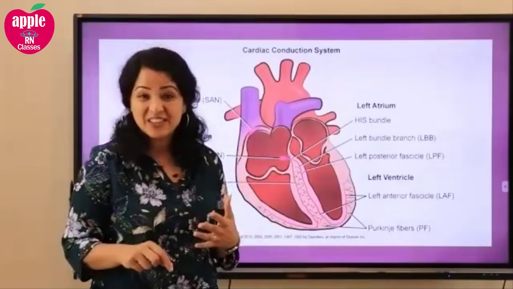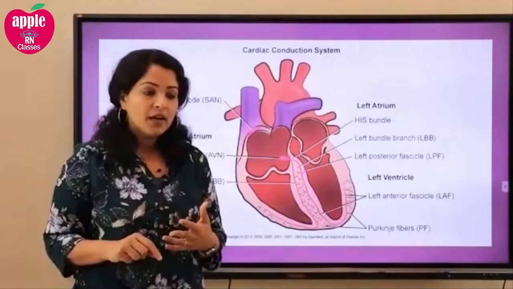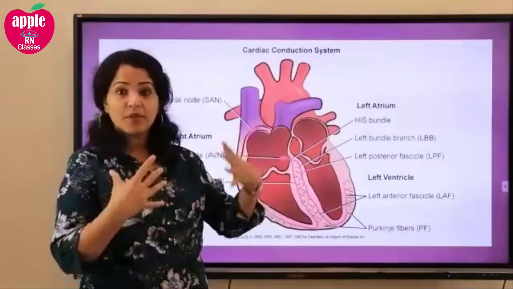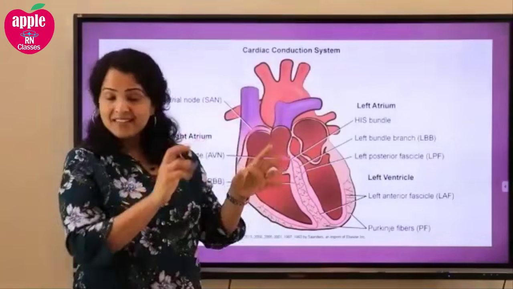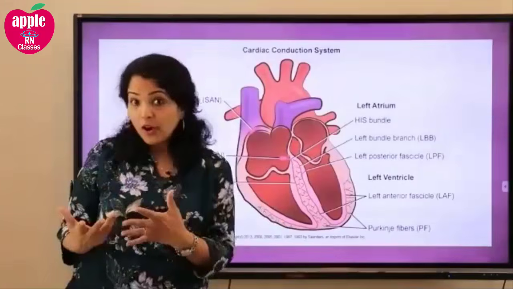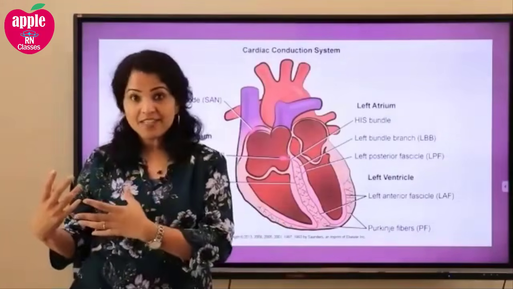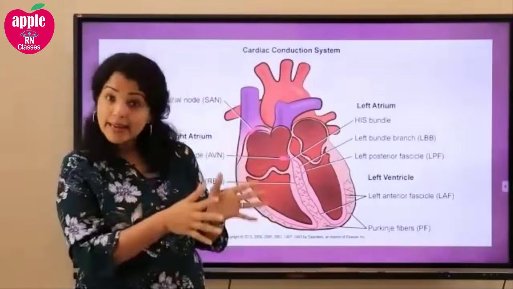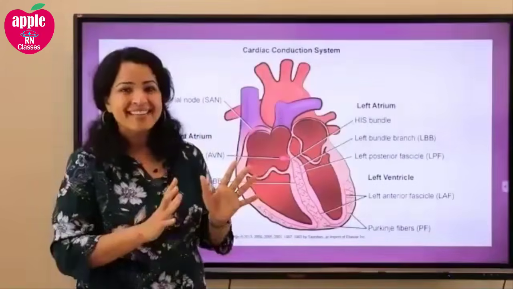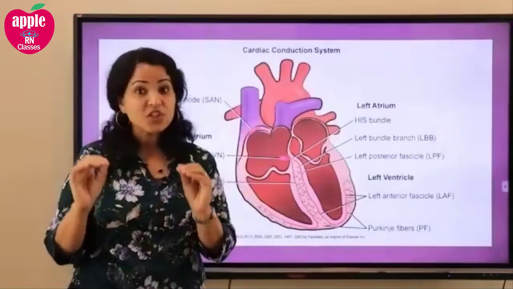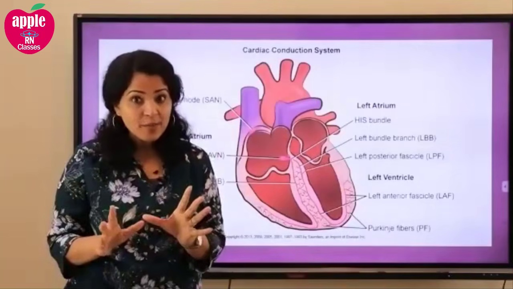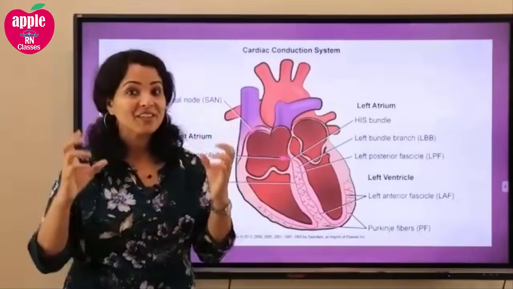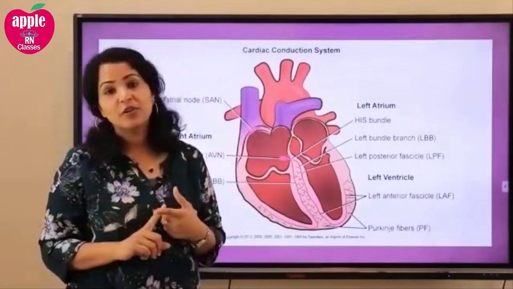Usually when we think about the heart, we talk about it pumping blood, the pulmonary artery taking blood from the right side into the lungs, and the aorta taking blood from the left side of the heart to the entire system. That is one major job. But we also need electrical impulses in the right amount, in the right way, in the right area for the cardiac cycle to happen. That's what we are going to talk about today.